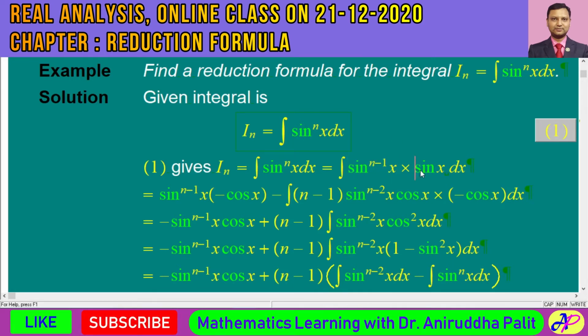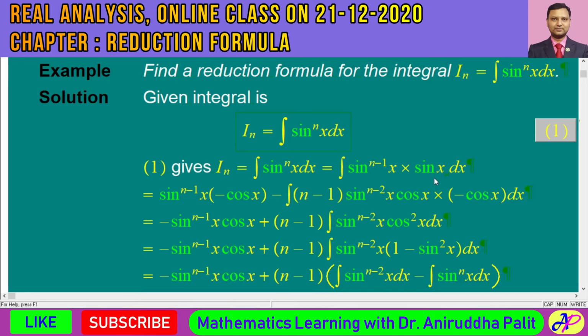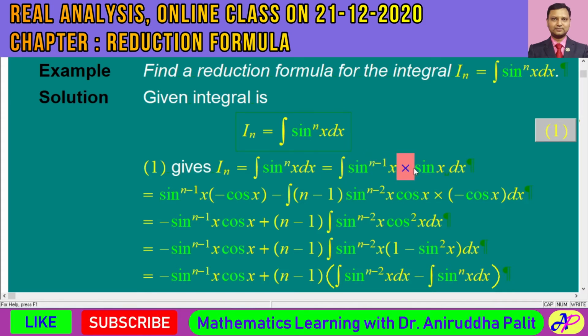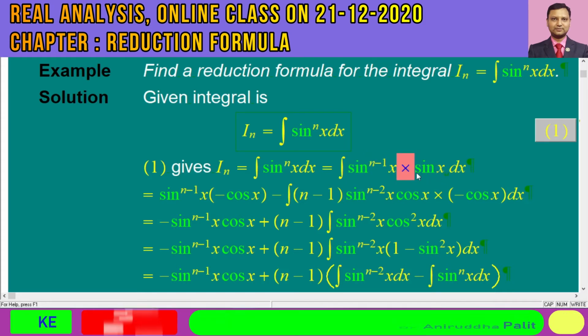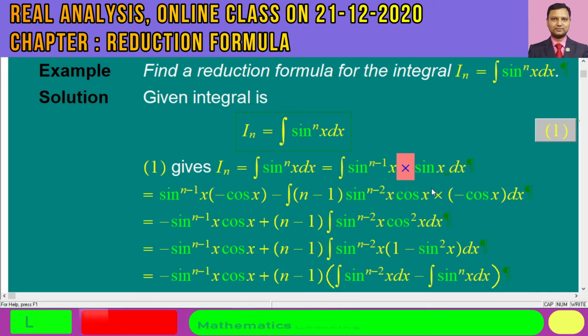Now you see this function, sine x, is easy to integrate. Over here, it would be very difficult to decide which function we should take as the first function and which as the second function to integrate this by parts.